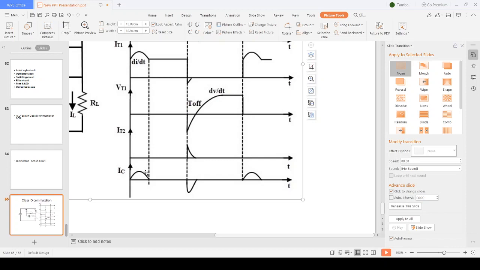This IC has a sinusoidal shape, and at this instant the value of IC becomes 0. Again the value of IC decreases and returns to 0, and this cycle will also repeat itself after a regular interval.